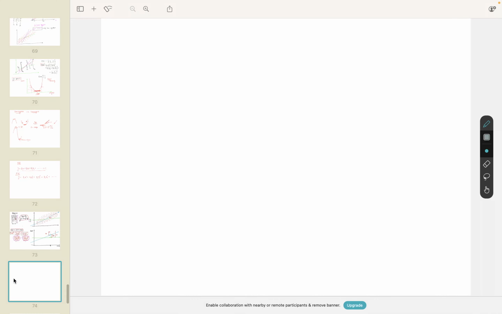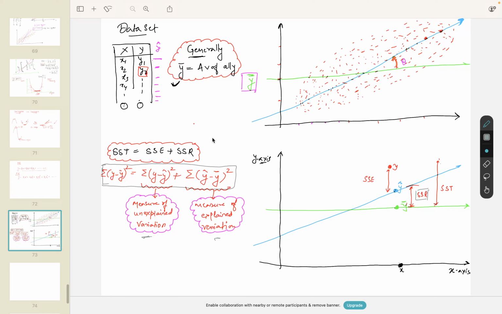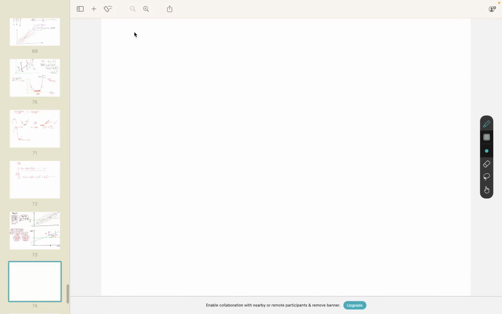Okay. Now let's see. We'll use this sum of square of error, sum of square of residual and sum of square of total to find an evaluation metric. And what is an evaluation metric? Let me tell you. Just try to learn it by heart: r square.